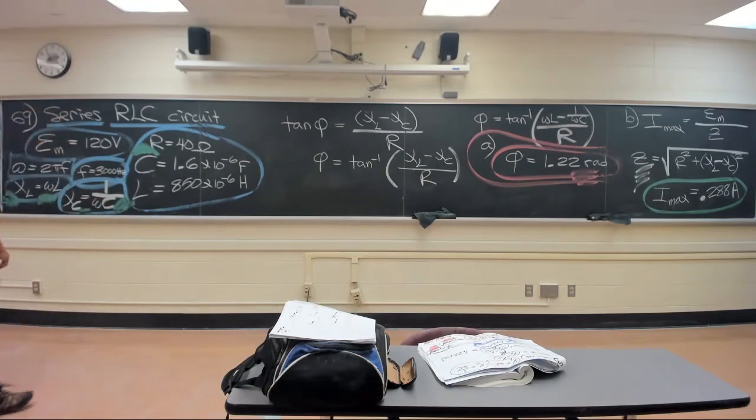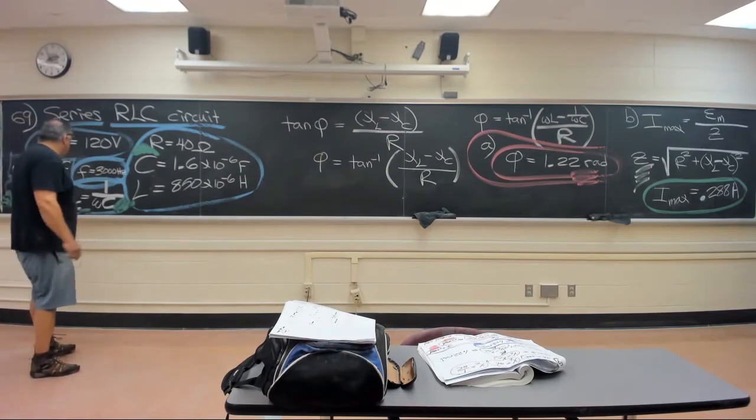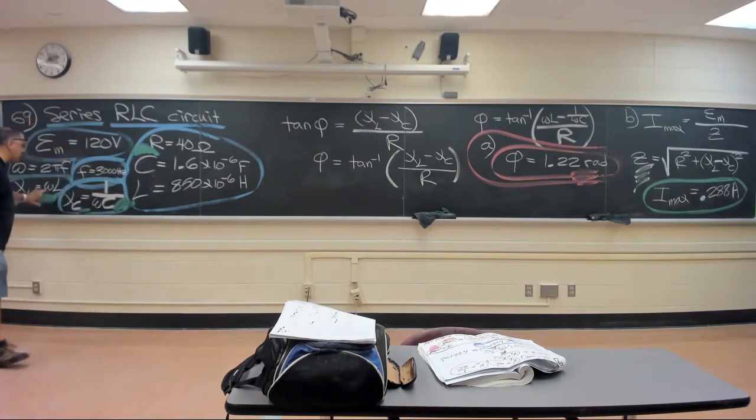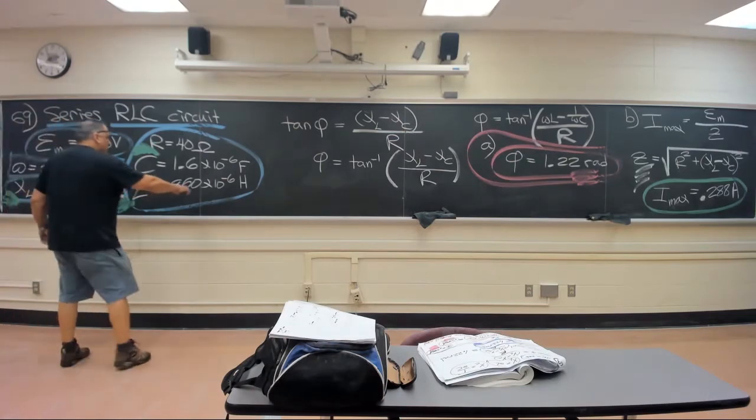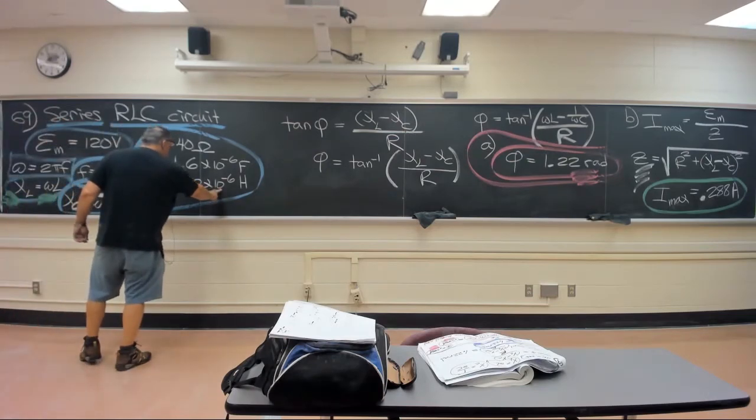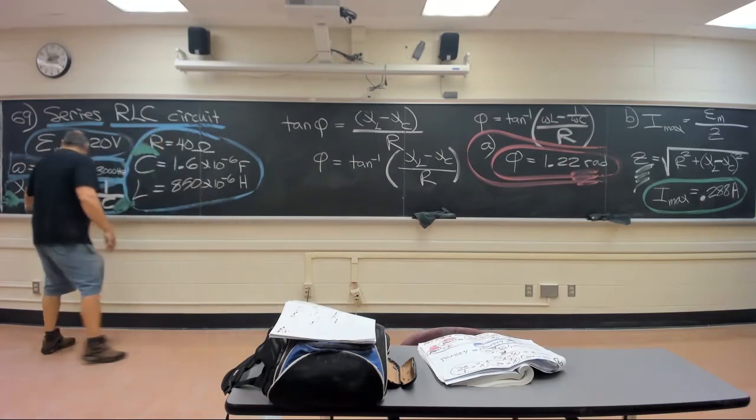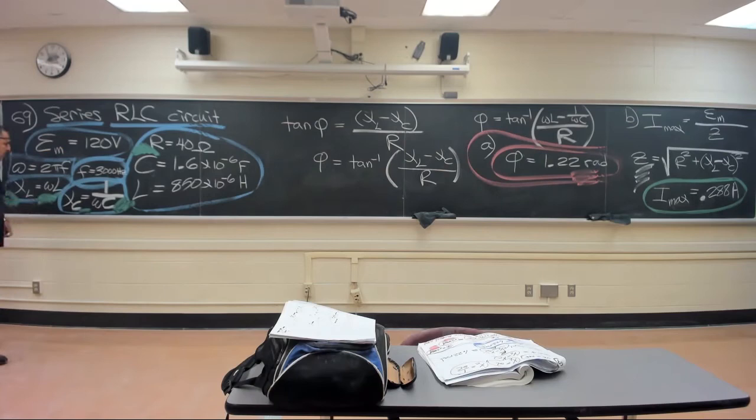That's about 17 million right there. That's huge. It's a big number, 17 million on this end. 17 million times 10 to the negative 6 is 17. Okay. X sub L is about 17.